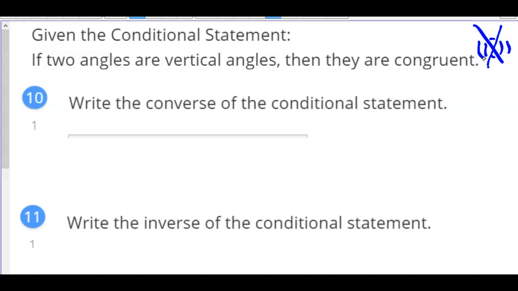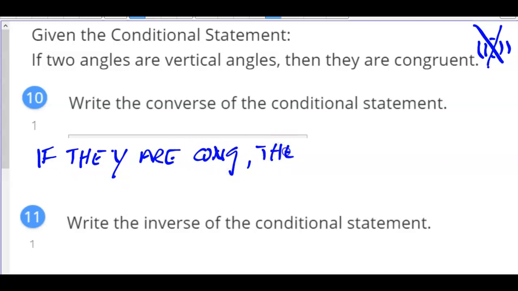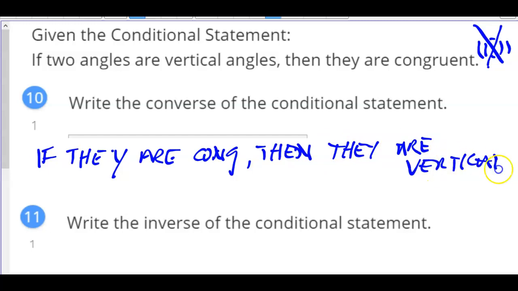Write the converse of the conditional statement. All right, so that would be: if they are congruent, then they are vertical. Okay, I will tell you that that is a false statement.